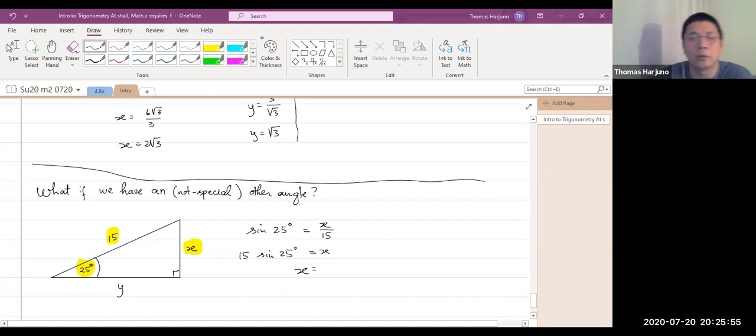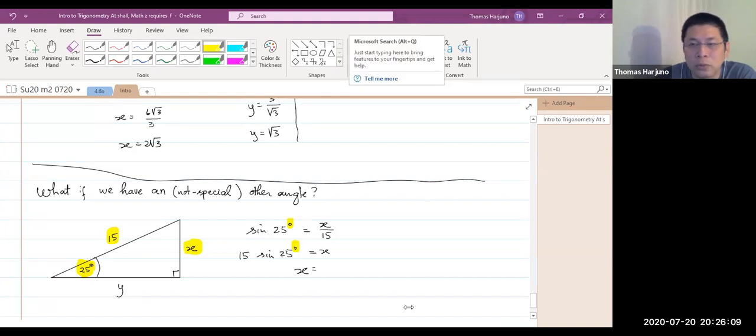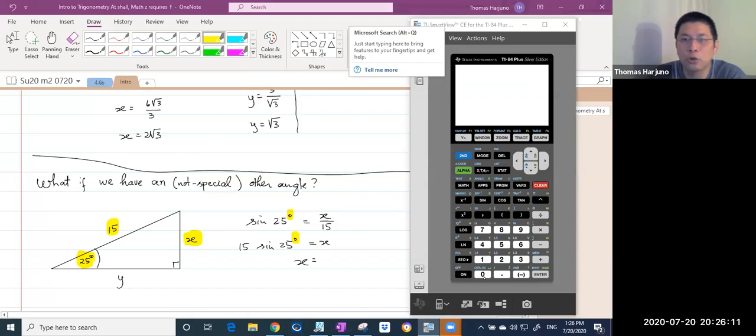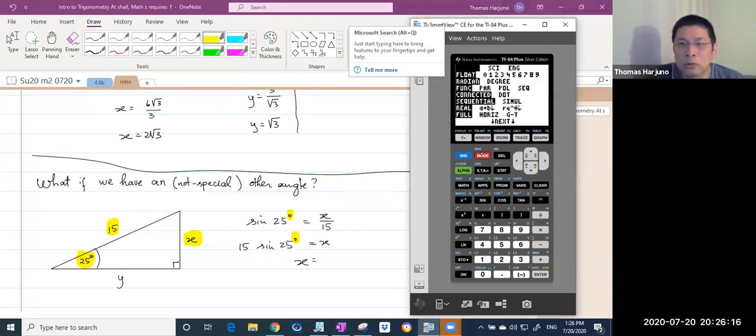Now, before I go too far, I want to make sure you understand that we are dealing with angles in degrees. So when you use your calculator, make sure that your mode is in degrees. On my calculator, I go to mode, and I check, oh, it's actually in radian, I need to change that to degree. It has to be in degree mode.